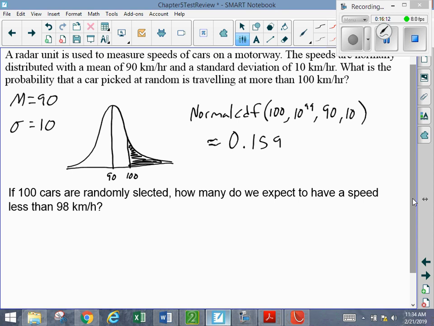So first of all, we know that our mean is the same. But since we're going to randomly select cars, now we got a new number, right? We got that n is 100, which means that our standard deviation is going to change.